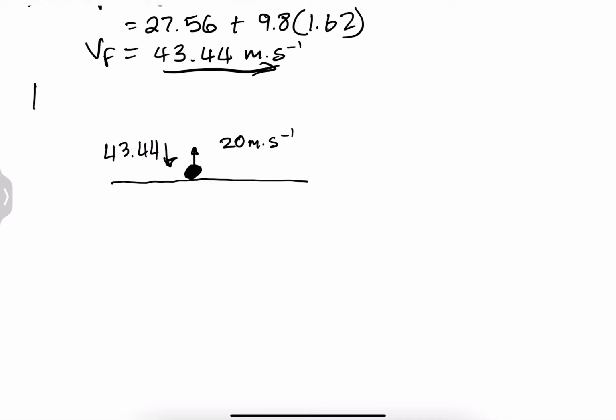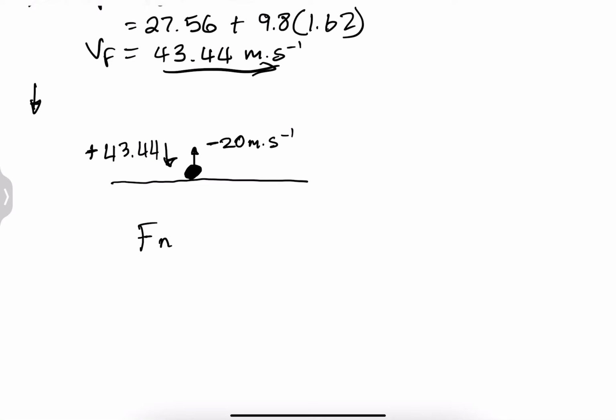We had chosen down as positive. So when ball B reached the ground, it was moving with a positive velocity, but as it leaves, it's negative 20. It shows that you've lost some of that momentum, obviously due to the collision.